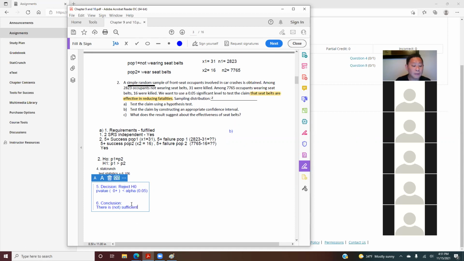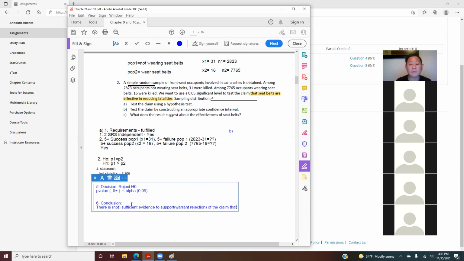We'll start typing it. So it's either there is or there is not sufficient evidence to support or to warrant rejection of the claim.